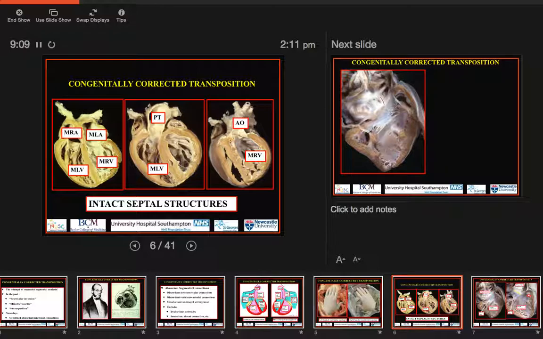And in some instances, patients with intact septal structures can live a full lifetime and can be discovered as an incidental finding at autopsy.